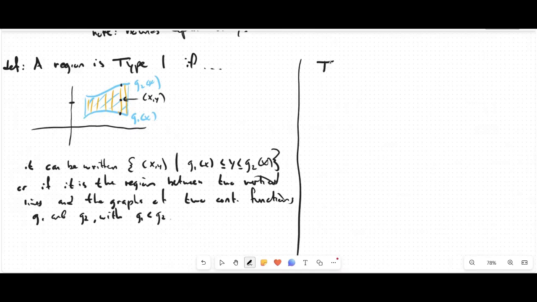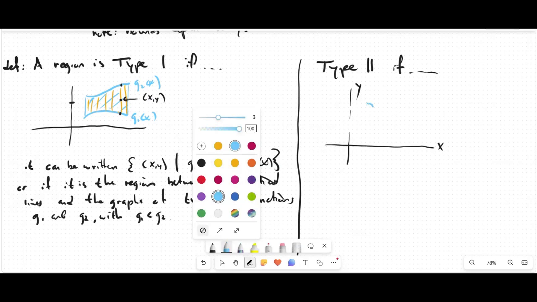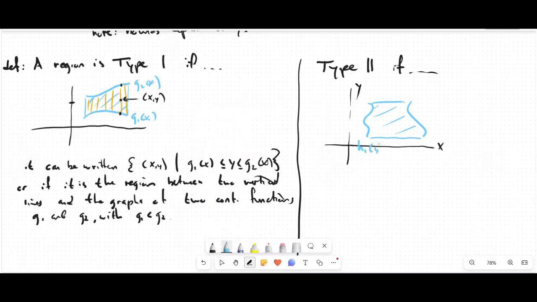Type 2. Same idea, but now it's between two functions of y. So there's some function of y, some other function of y. And the book, I just want to make sure that I stick with their notation. Here they use h. So this is h1 of y.